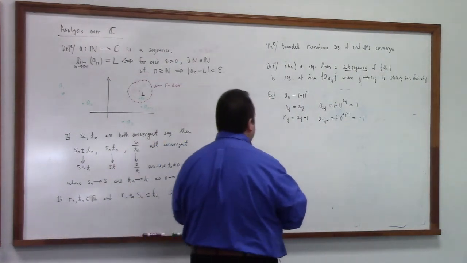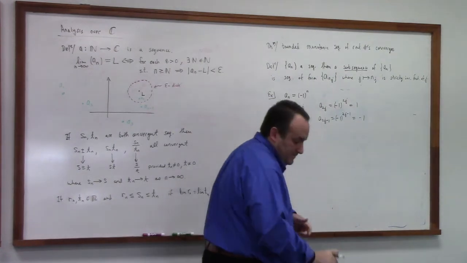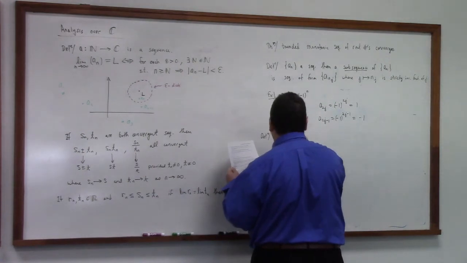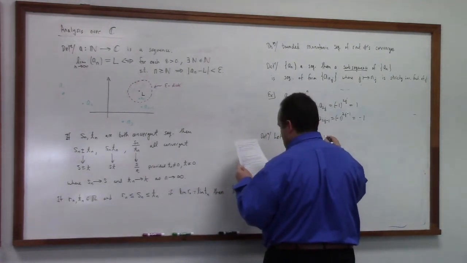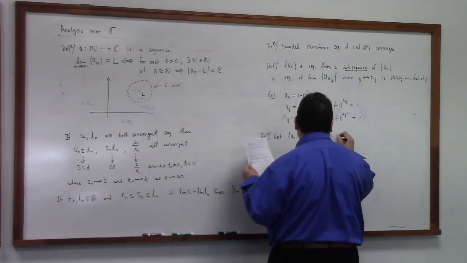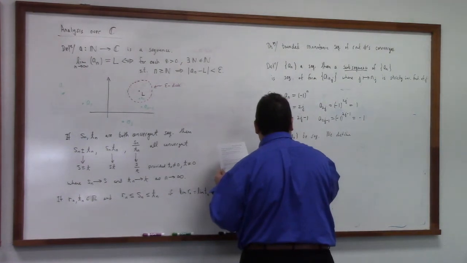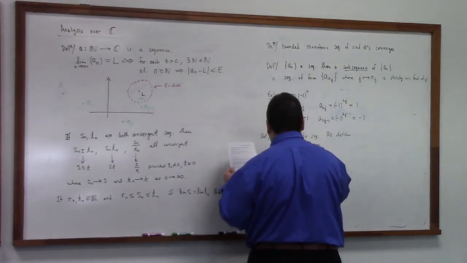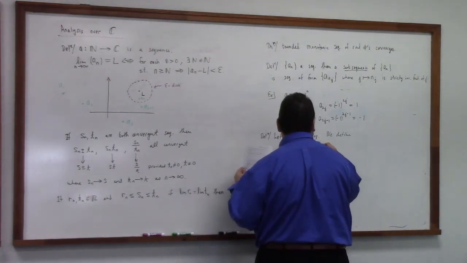So, definition. Let a_n be a sequence. We define lim sup, the limit superior of a_n, to be the upper bound of all possible subsequential limits.